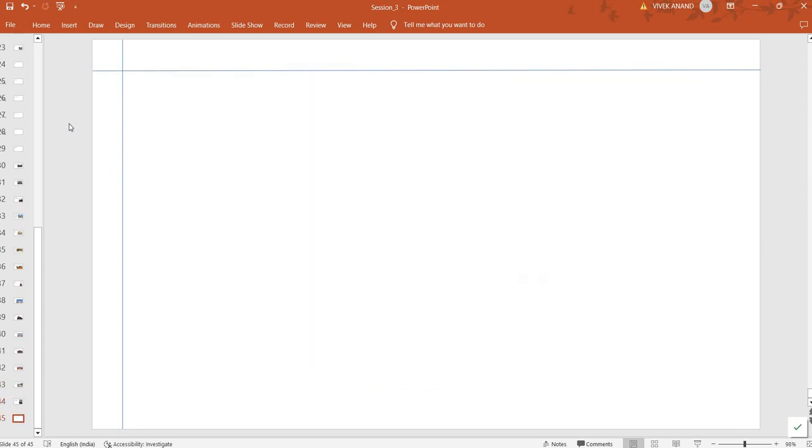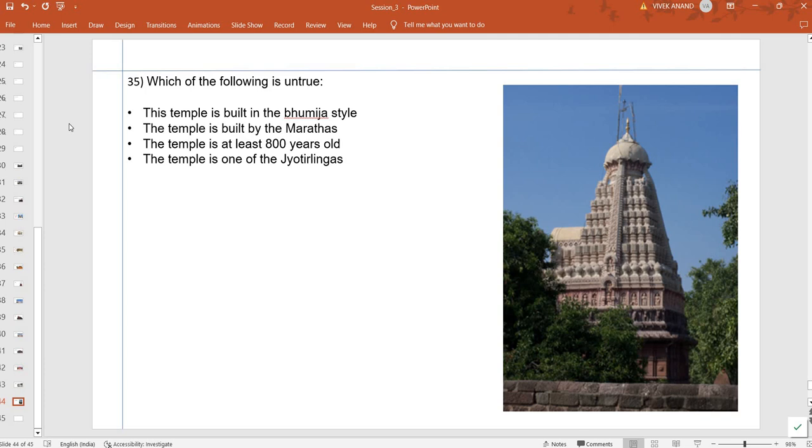Now I think this is the last question. Which of the following is untrue? This temple is built in the Bhumija style, or the temple is built by the Marathas. The temple is at least 800 years old, or the temple is one of the Jyotirlingas. What is the right answer? Can anyone tell?